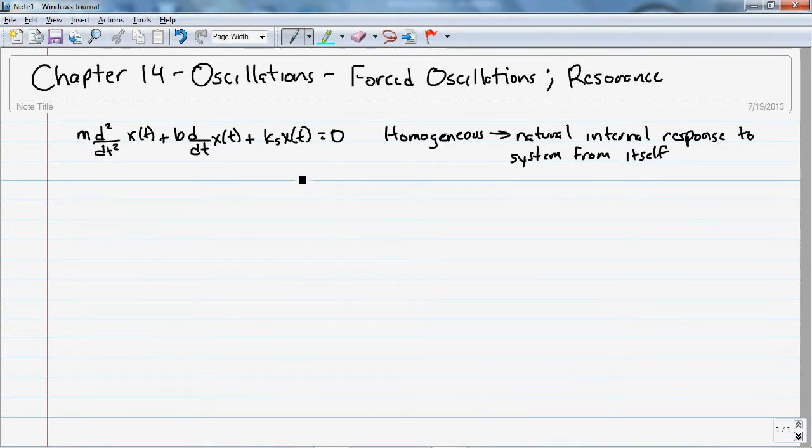So it's just all the internal forces, all the internal reactions, nothing from the outside is affecting it.